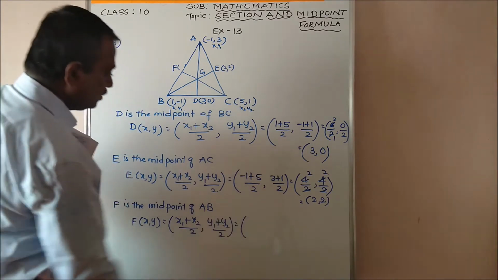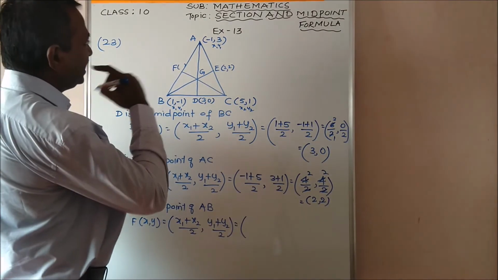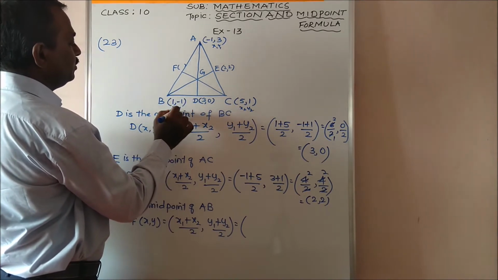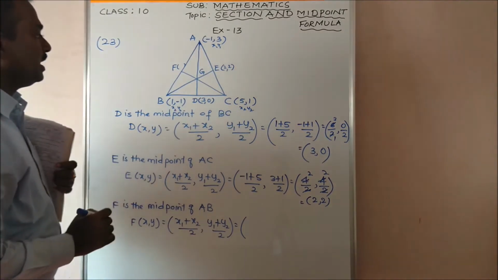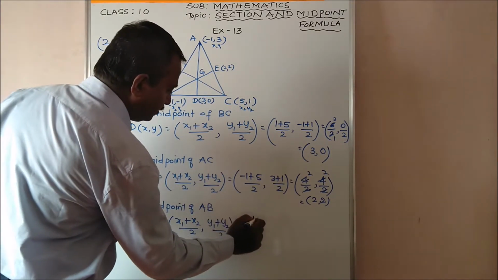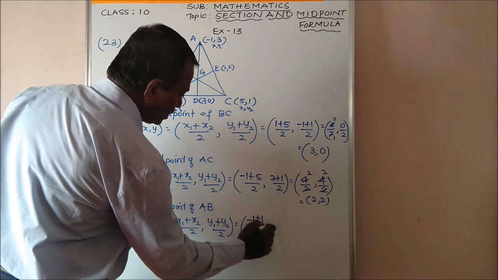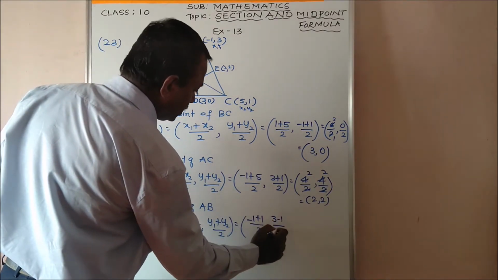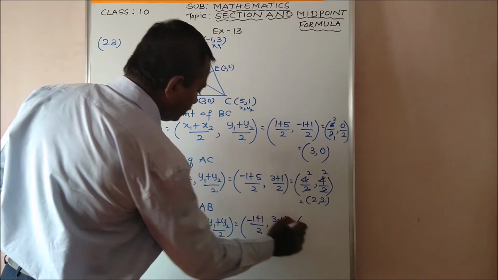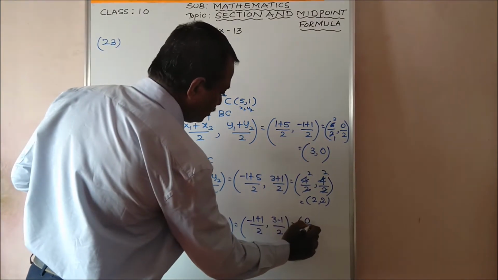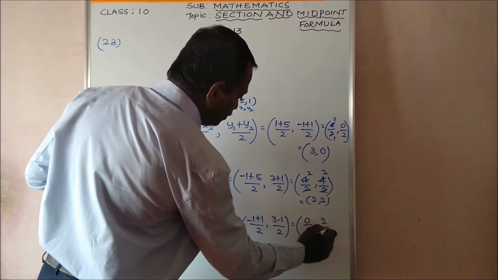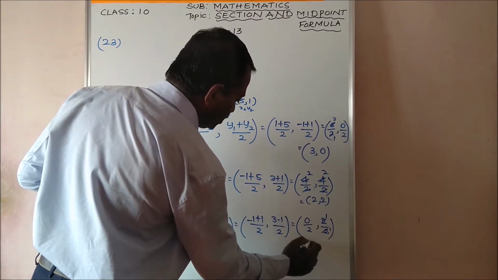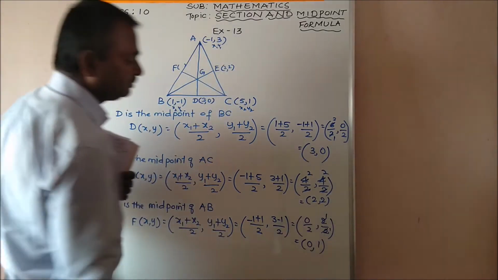Now if we consider A as x1, y1, B becomes x2, y2: (minus 1 plus 1) by 2, comma, (3 minus 1) by 2, that is equal to 0 by 2, 2 by 2, that is equal to 0, comma 1.